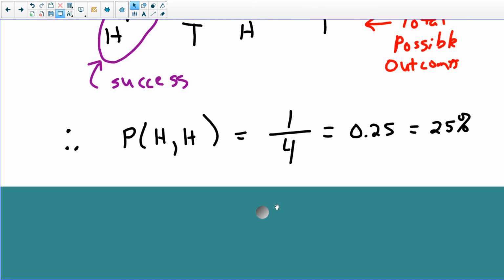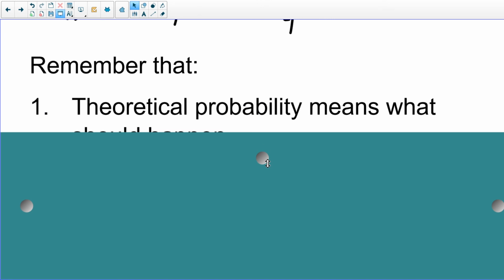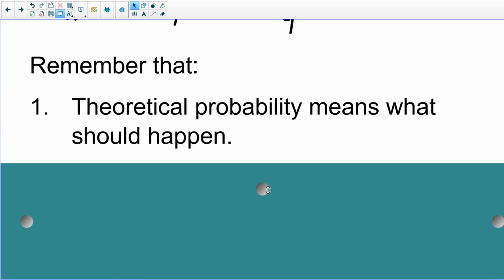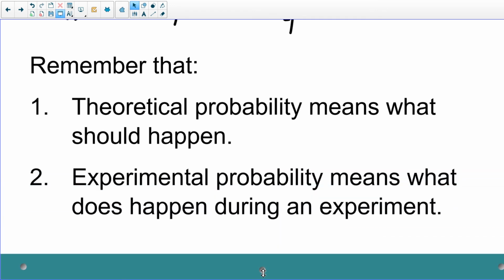I believe that's the last. Oh yes, I just have one summary here that I'd kind of like to go over with you. So I just want you to remember one thing about the difference between theoretical probability and experimental probability. Okay, they are different. Theoretical probability means what should happen, and experimental probability means what does happen during an experiment.